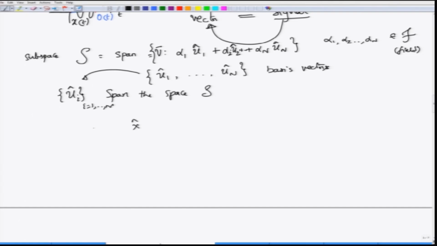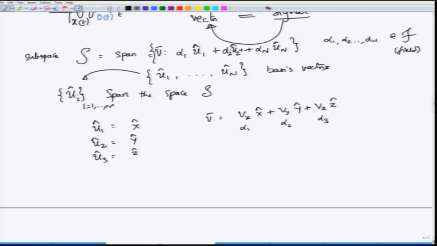A simple example of this would be to go back to our Cartesian coordinate system. Identify u1 with x, u2 with y, and u3 with z vectors, and any vector v can be written as vx x hat plus vy y hat plus vz z hat.